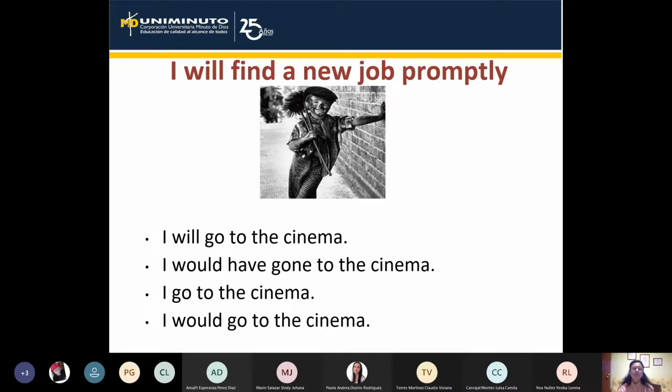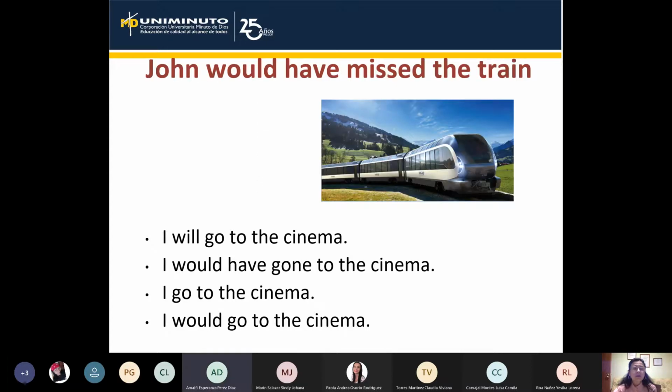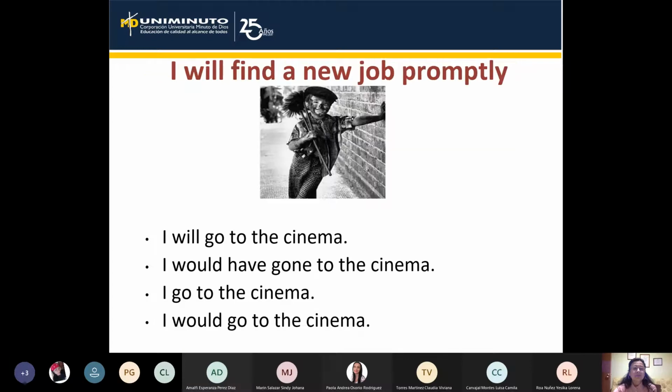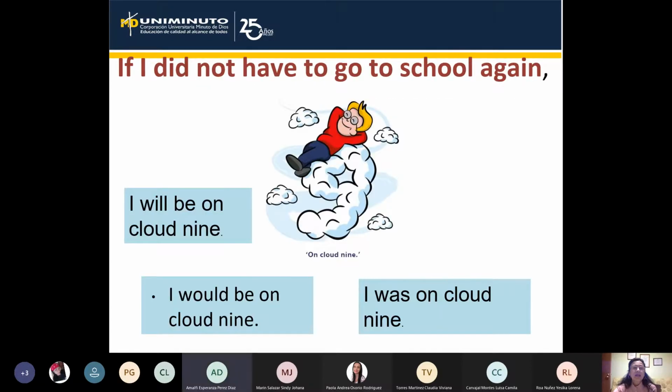Who wants to participate? Is there any option? Parece que, profe, no se ven las opciones. Ah, ¿usted no la ve? Let me see. Yo solamente estaba viendo la del cinema.